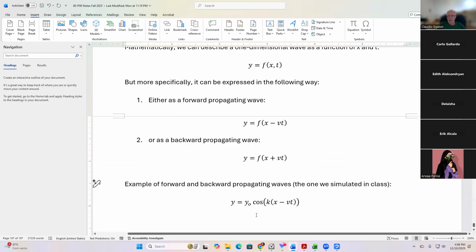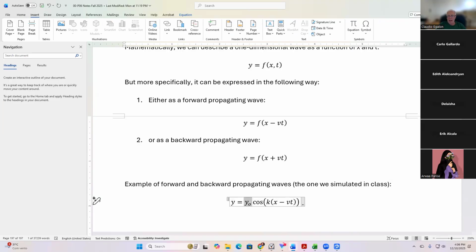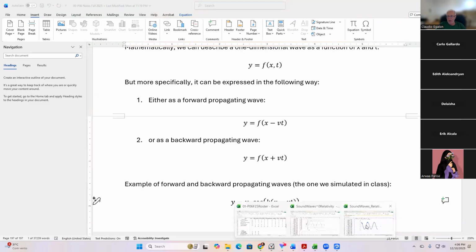For time t equal to 0 and position x equal to 0, the argument of the cosine is going to be 0, but the cosine is going to be 1. And then the position of the wave along the y-axis is going to be the amplitude y0. And that's exactly what I have here.